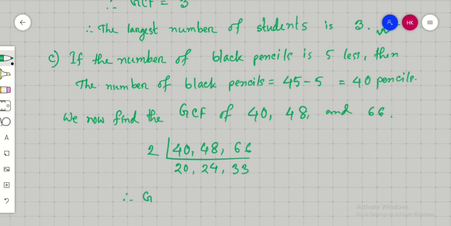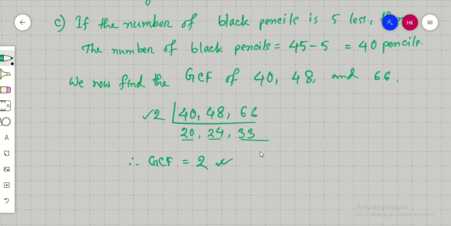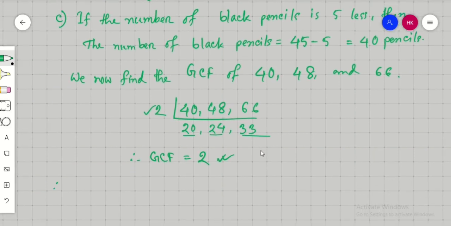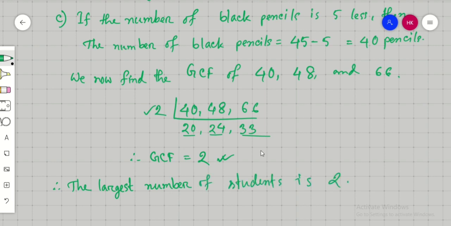So this is the end of GCF. GCF is only 2, not 20, 24 or 33. Therefore the largest number of students is 2, which completes our answer to number 4.